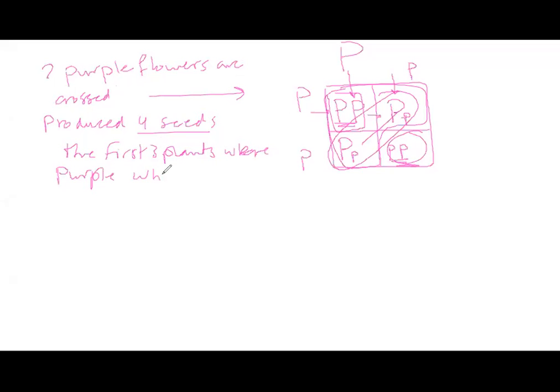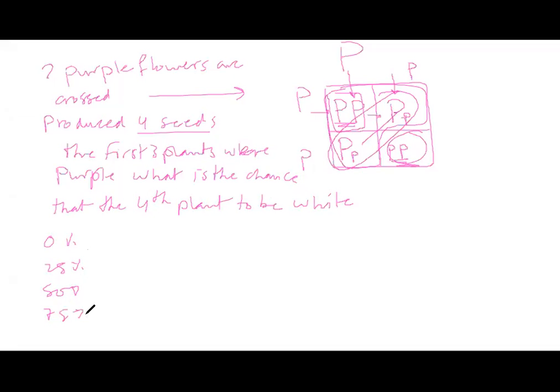So what is the chance that the 4th plant will be white? Let's find the choices: 0%, 25%, 50%, 75%, 100%. Choose.